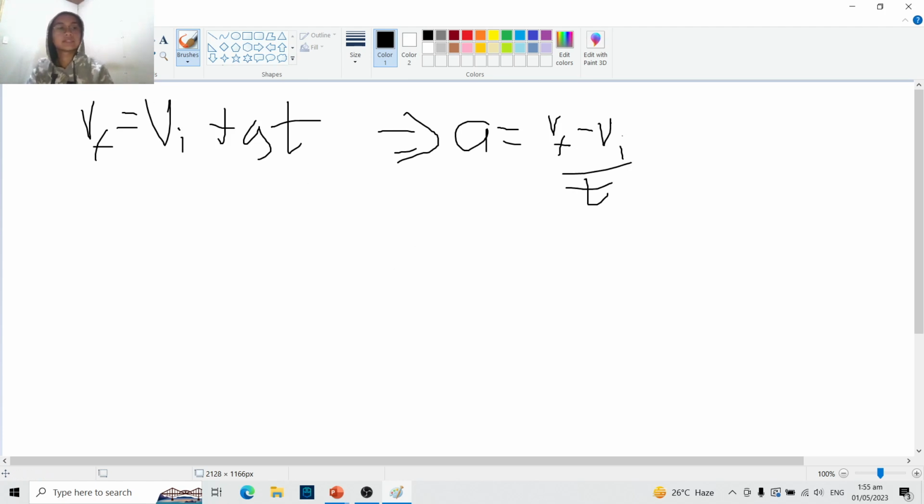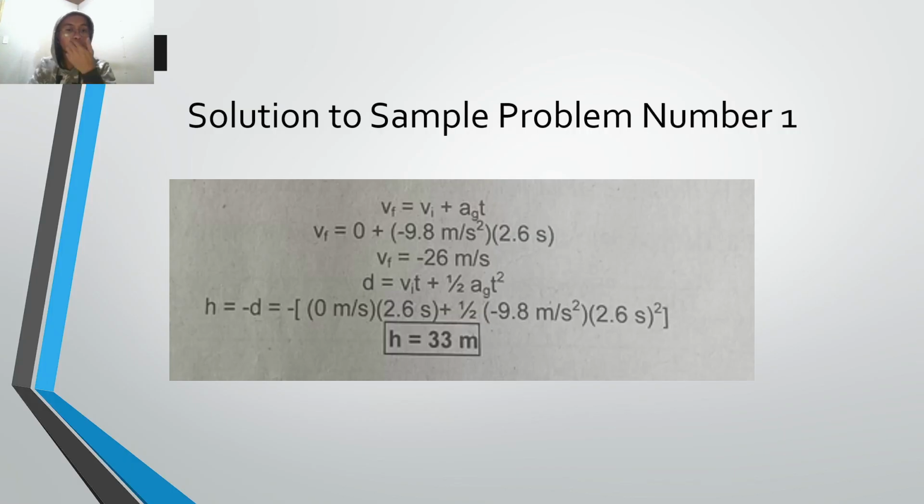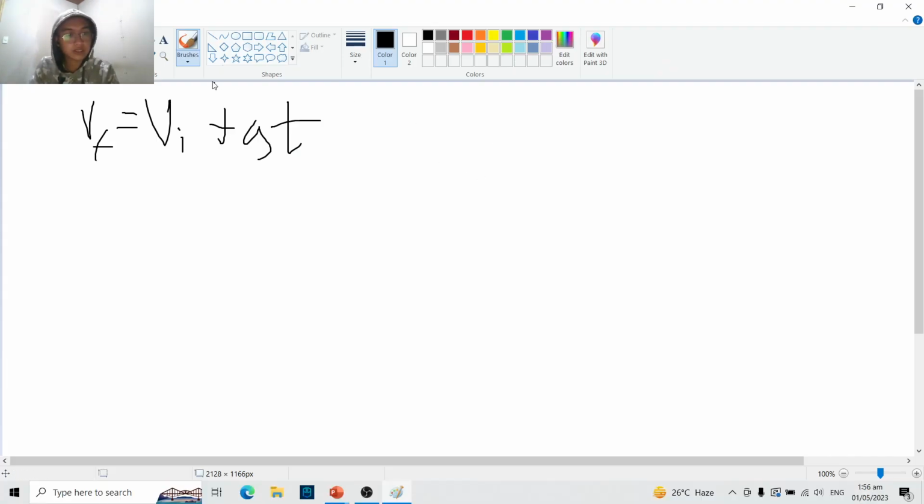So we do the algebra, and of course we use it in the problem. Since it is negative, we put negative 9.8 meter per second squared times time. Your initial velocity is 0, so it cancels out.